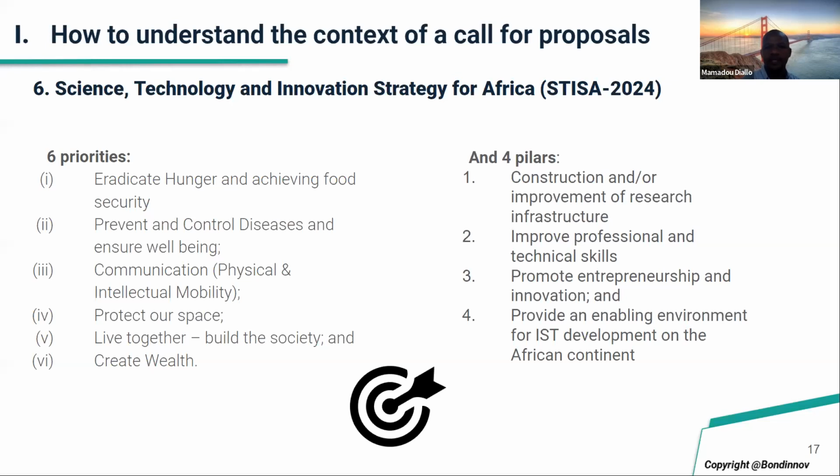And the four pillars are construction or improvement of research infrastructure, improve professional and technical skills, promote entrepreneurship and innovation, and provide an enabling environment for STI development on the African continent.